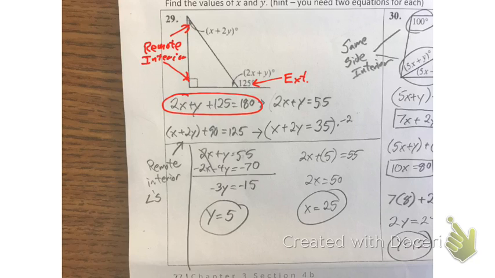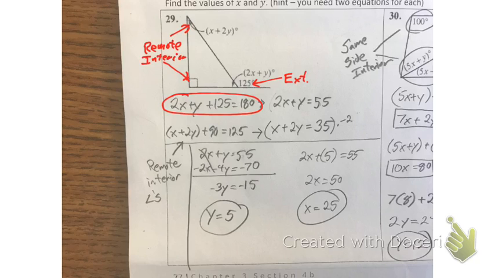This is not number 17. Number 17 says the lengths of the sides of a triangle are 4n, 2n plus 10, and 7n minus 15. Is there a value of n that makes the triangle equilateral?